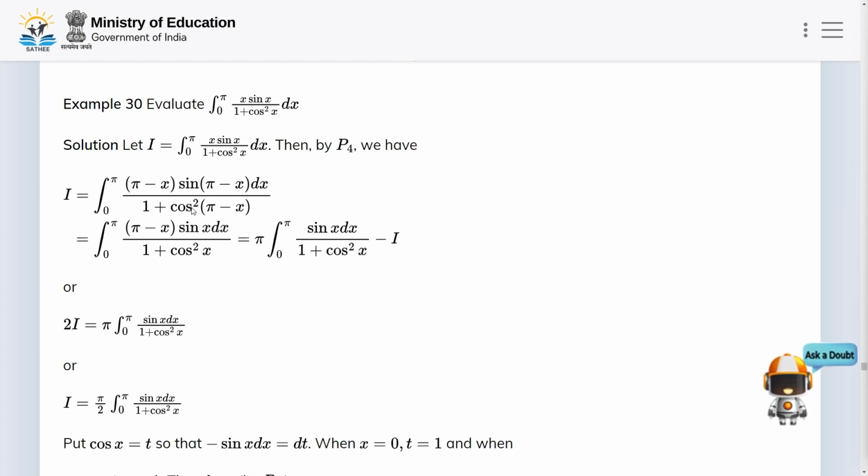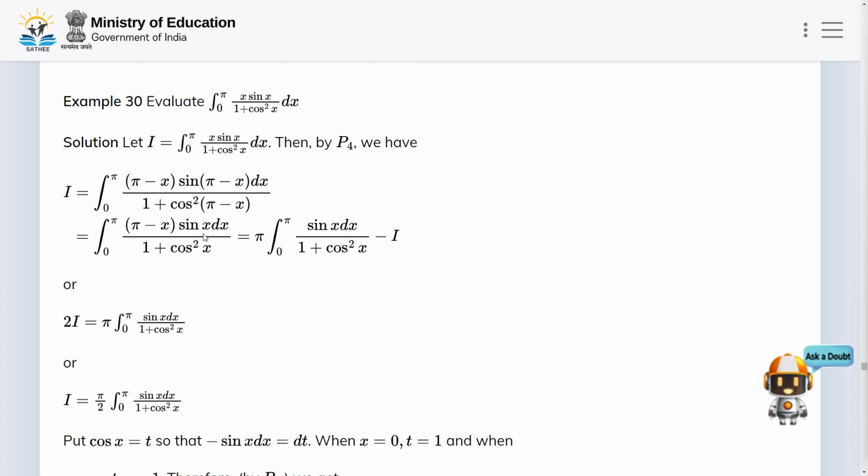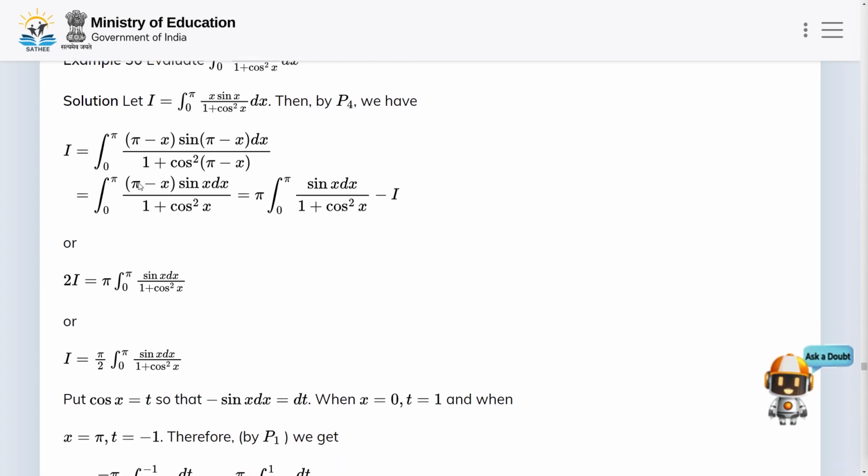So this means sin(pi minus x) will be sin x, and cos(pi minus x) will be minus cos x, so the square stays cos square x. So you will have now the integral from 0 to pi of (pi minus x) sin x dx divided by 1 plus cos square x. Now what you have to do, as you can see, is separate it: pi sin x dx minus x sin x dx over this.